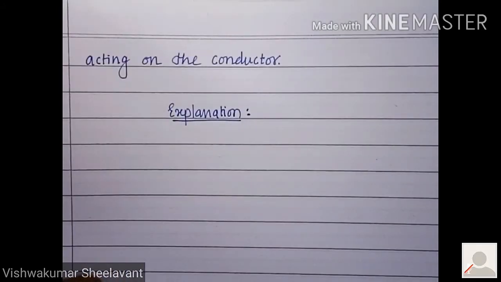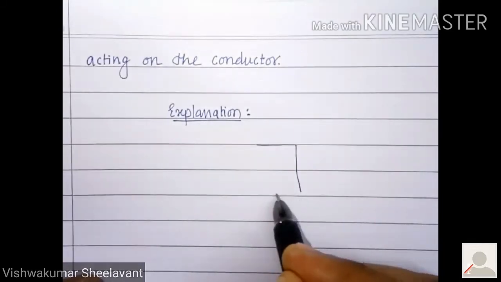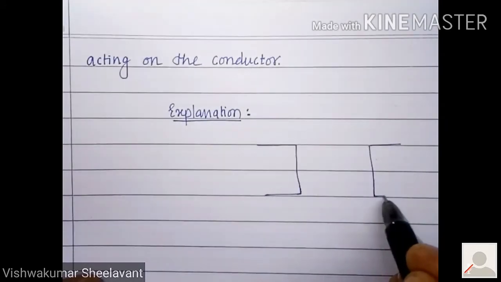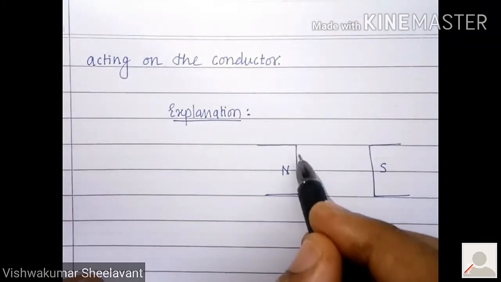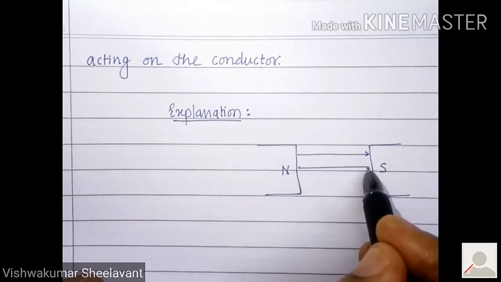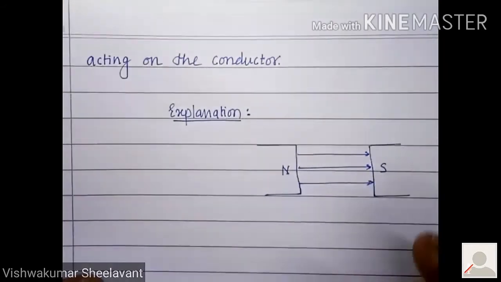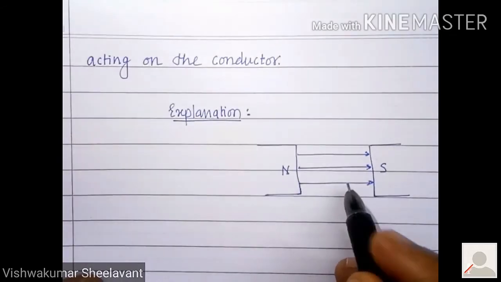Let us say this is a magnetic field given by two poles N and S. What is the direction of magnetic field?